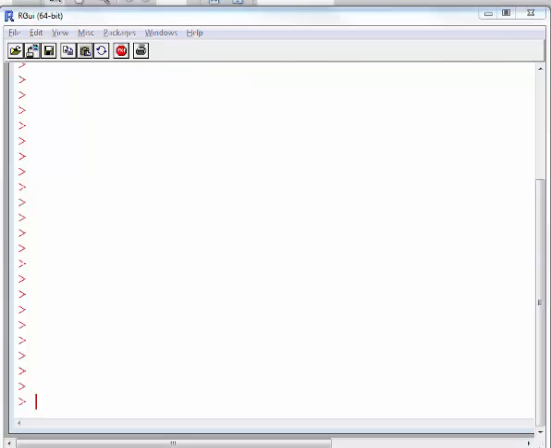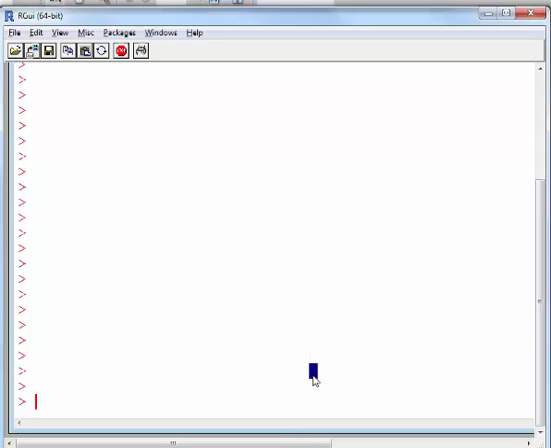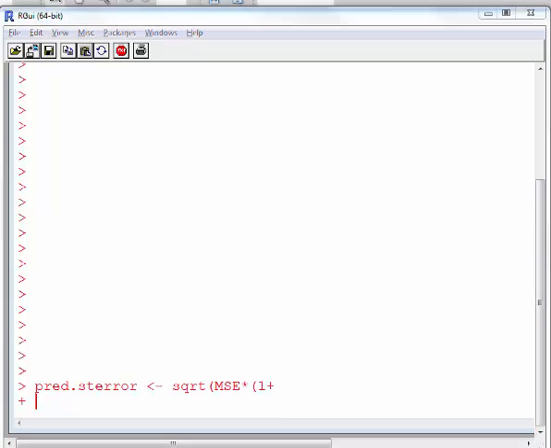To do this, I'm just going to take the code from the notes, and I'm going to get that standard error there. By the way, if you're not finished typing a bunch of stuff in the argument of a function, you can hit enter, and R will sit and wait for it.